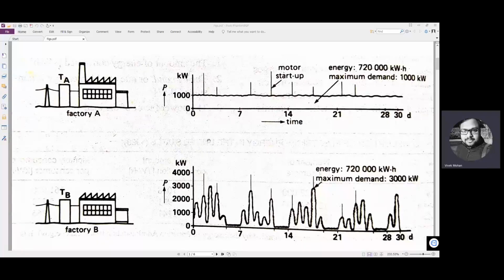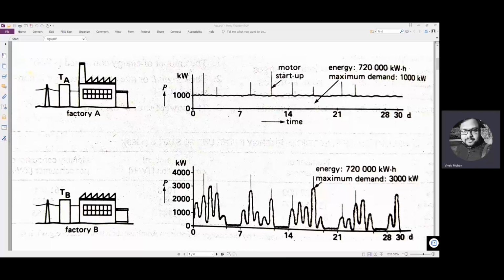Because with respect to factory B, it might have already hit the limits if the capacity is low. So it depends on many factors. The electric utility must therefore invest more capital to service factory B compared to factory A. So that is the importance of these components, kilowatts, kilowatt hours, and power factor, in the calculation of electricity bills.